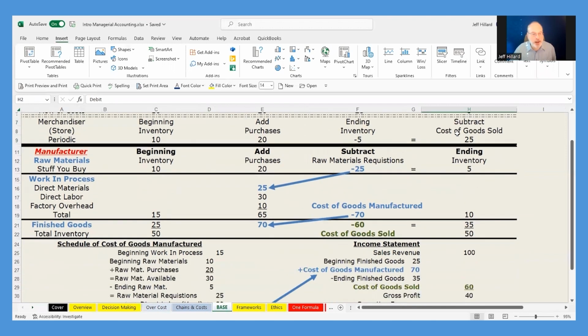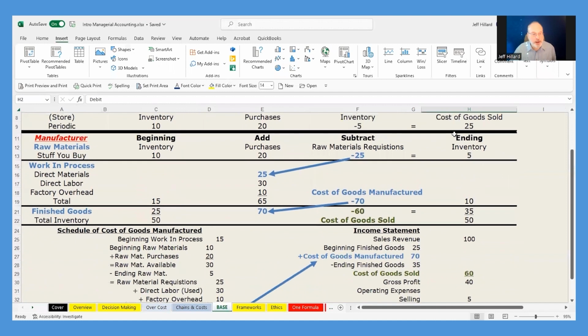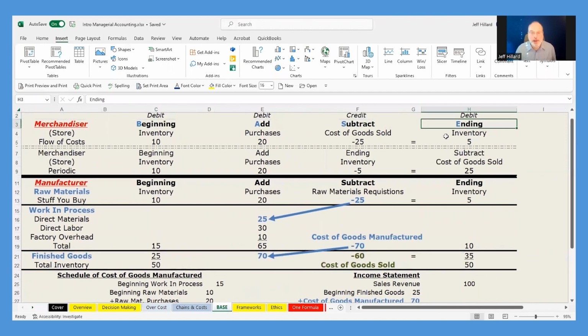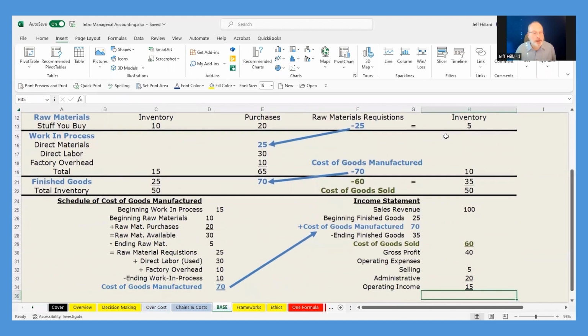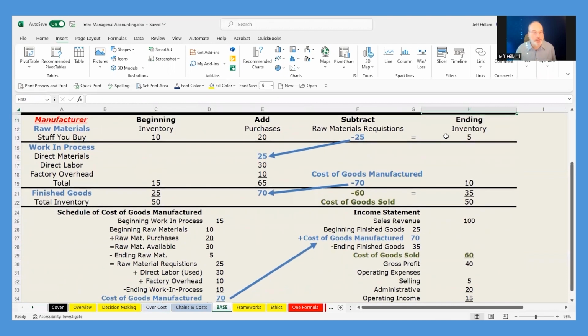So now let's apply this to manufacturing, and what we have here on this one page. We'll scroll down so we can have it all on one page. Here we go, guys. Okay. For a manufacturer, we have three types of inventory.